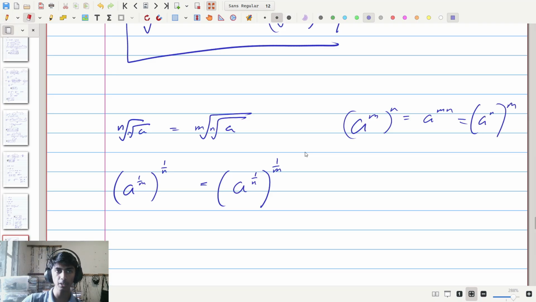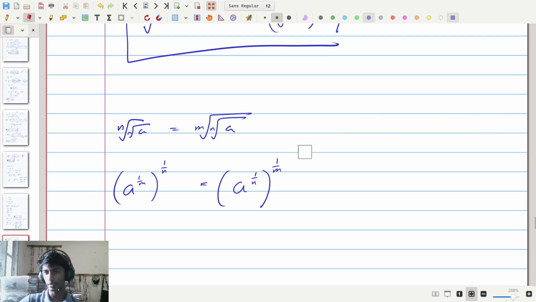In the same exact way, what we have here is just the other 1 divided by version of that same thing. Here these are both actually equal to A to the 1 divided by nm. So we can write another thing here. We can also equate this to the nmth root of A.